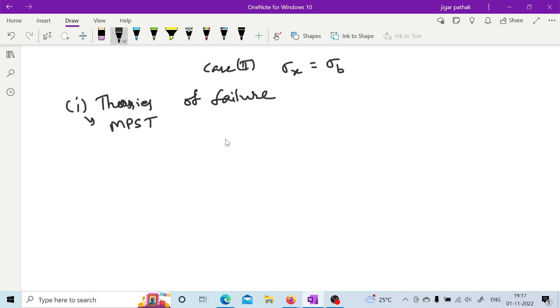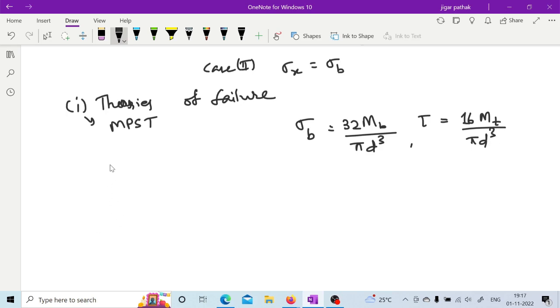According to it, first you need an idea of what stresses are acting. Let us say sigma b is equal to 32 Mb upon pi d cube. After simplification of whatever I have written above, it comes to this: 32 Mb upon pi d cube, and here it is 16 Mt upon pi d cube.